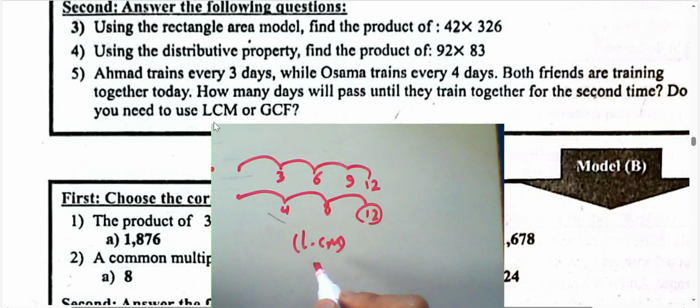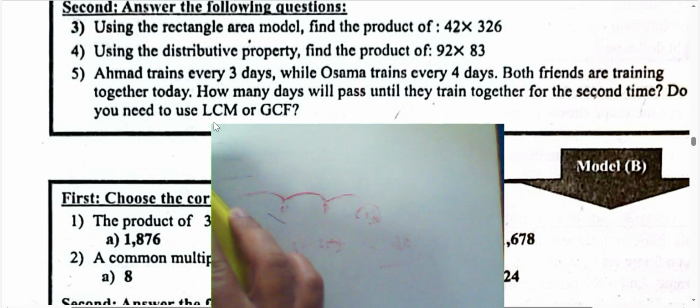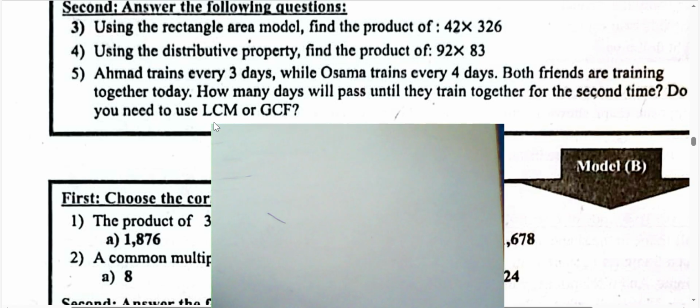Then they will train together again on day 12, after 12 days. After 12 days they will train together, so they will pass 12 days until they train together for the second time.